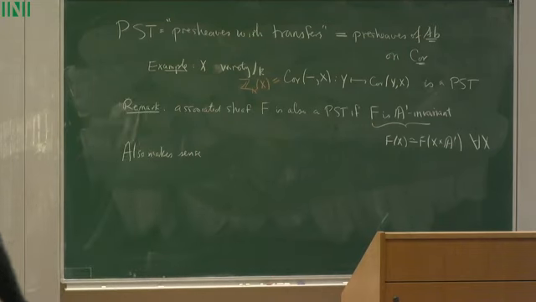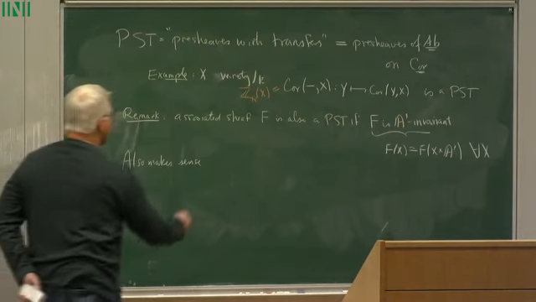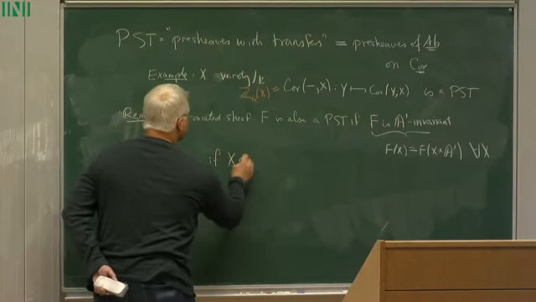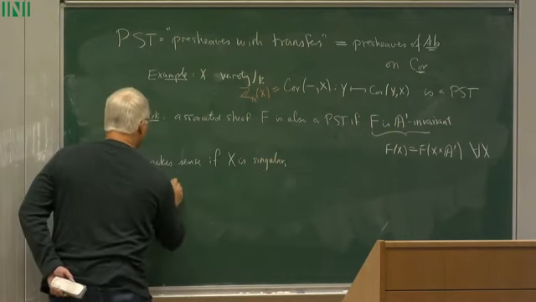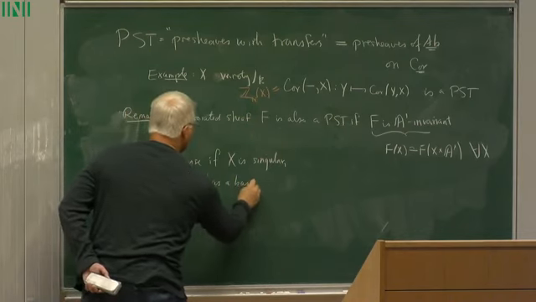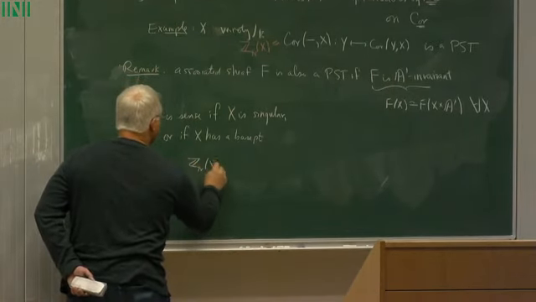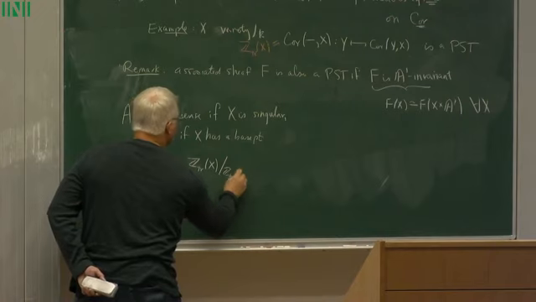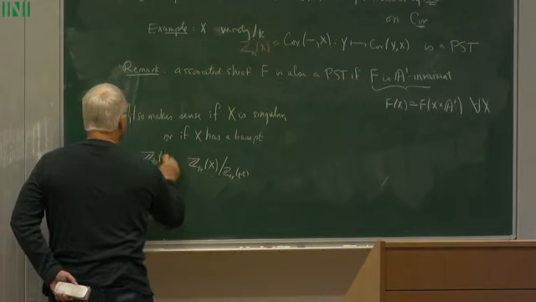So Z transfers of X is going to be that particular pre-sheaf. Now, this also makes sense if X is singular, or if X has a base point. Then you sort of take Z transfers of X modulo Z transfers of a point. You can call that Z transfers of X comma the point.